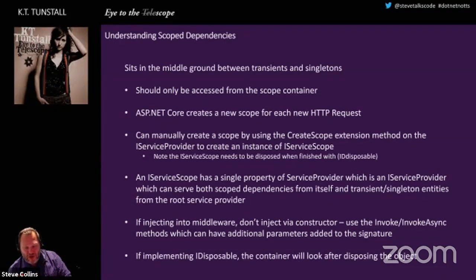Instead, what you can do is on the Invoke or InvokeAsync methods, when ASP.NET Core calls those, it's able to pass in parameters from the container that you can specify on there. So it's not a fixed interface, it's done through reflection effectively. So you could say, I need the IHttpContext of my request coming in, and you can put that on the Invoke method, whereas you couldn't put that on the constructor.